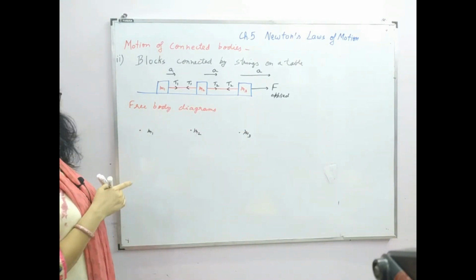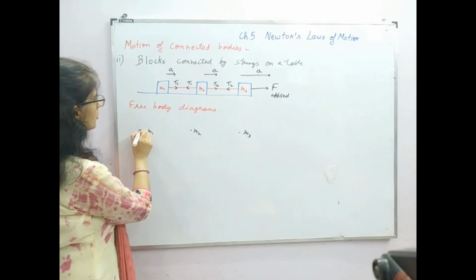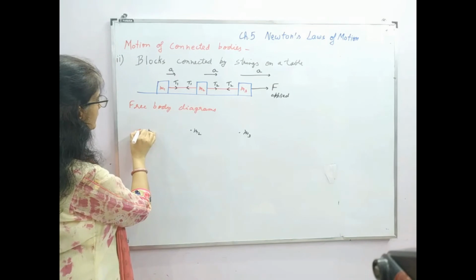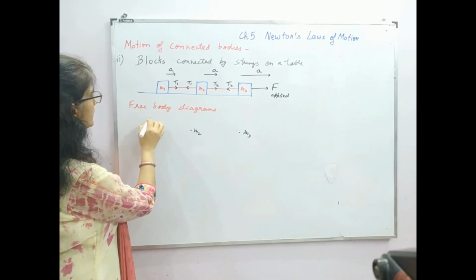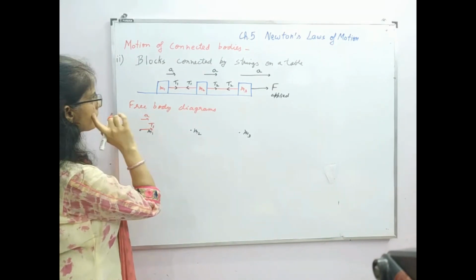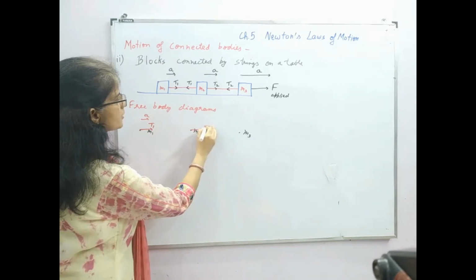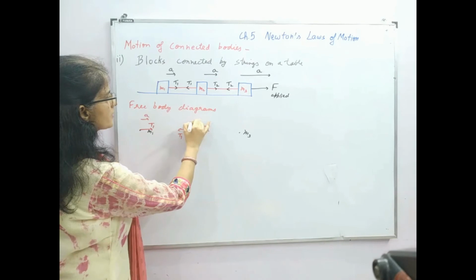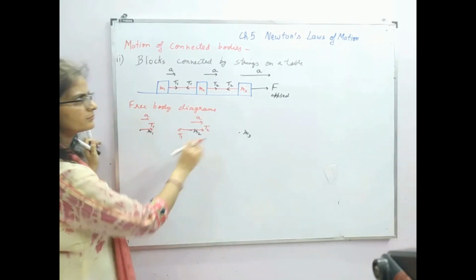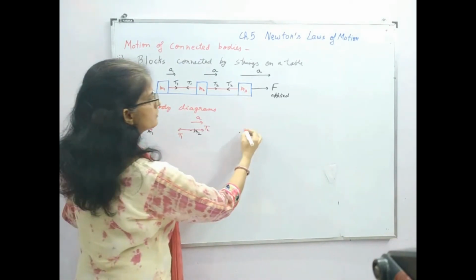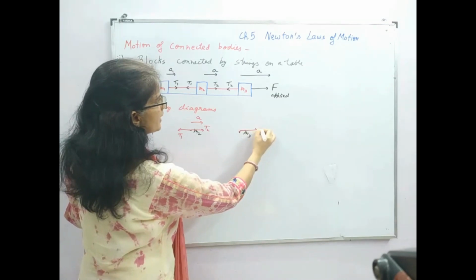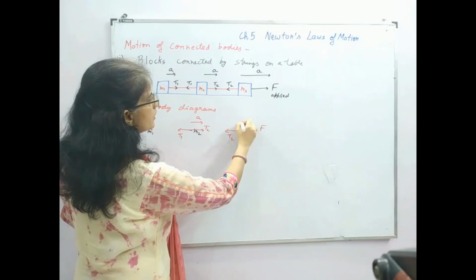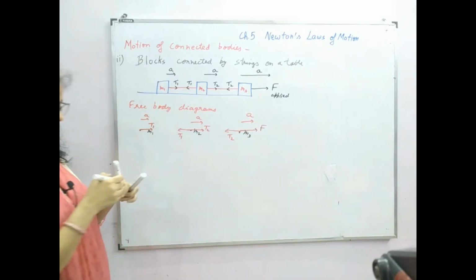And we have to mark all the forces acting on these. So on this mass, the force acting is T1 and acceleration is A. On this, T2 is acting this way, T1 is acting this way, and the acceleration is this way. On the mass M3, the applied force is F, the tension is T2, and the acceleration is this way.